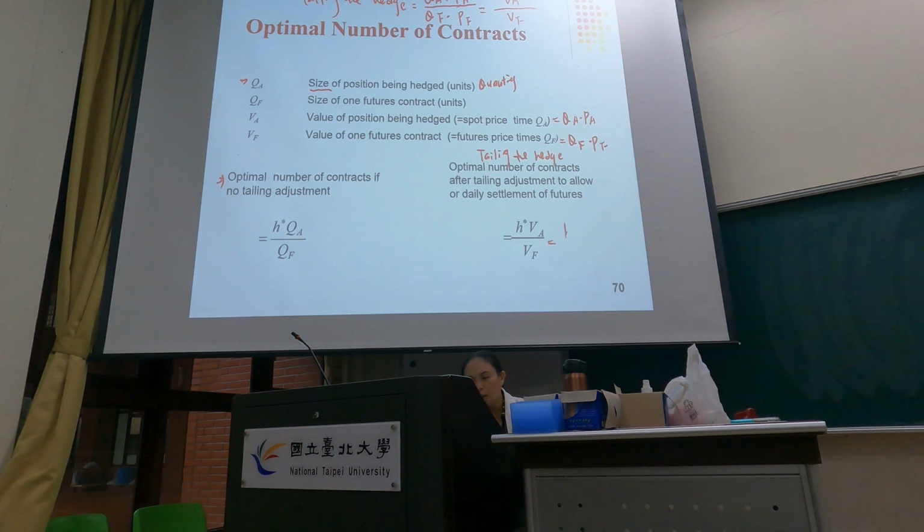So in that case, it becomes H star times PA times QA, and here is PF times QF, okay? This formula here is what we call tailing hedge, okay? And then basically you can compute your number of hedge contracts by method 1 and method 2 to choose the optimum contract you should long or short. Are we okay with that?